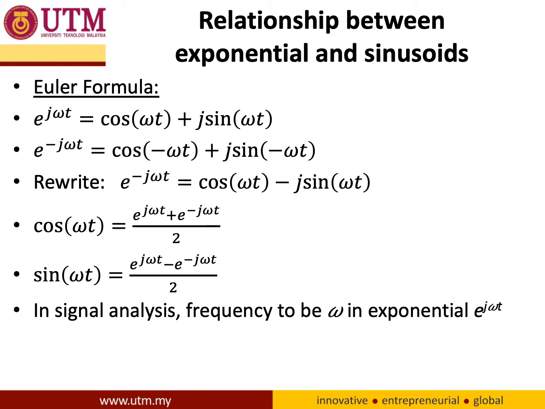Euler's formula states that for any real number x, e^(j omega t) equals cos omega t plus j sin omega t, and e^(-j omega t) equals cos(-omega t) plus j sin(-omega t).